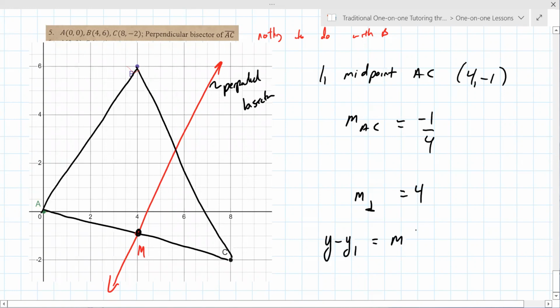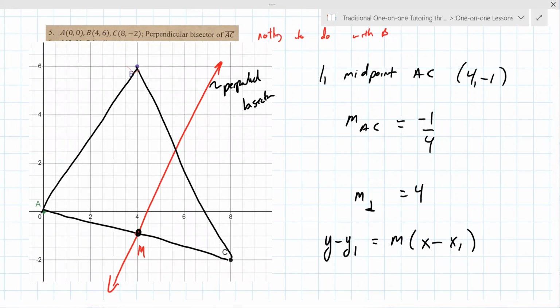So you need a point and a slope, and we have it. y minus y1 equals m times x minus x1. And then I'm using 0, 0 as- No, you're using the midpoint, which is 4, -1. Okay, I forget all of those three letters up there. That's just for the graph.